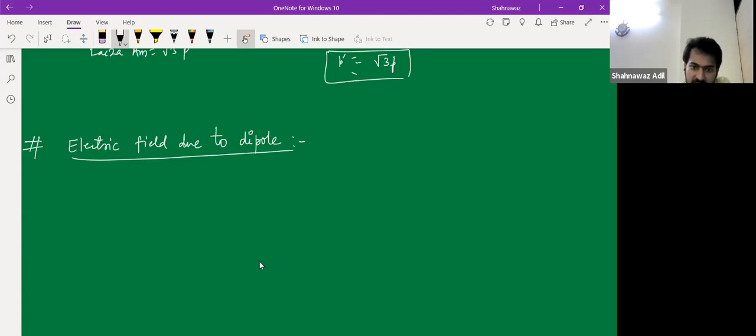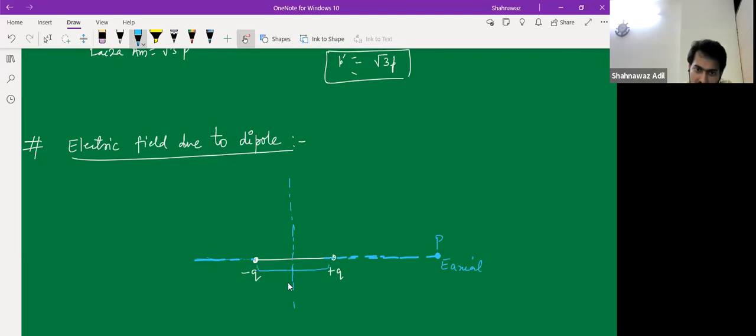One is on this axis line, which is very clear, and this is called the E axial. And you have this bisector line. So this is 2a, right?